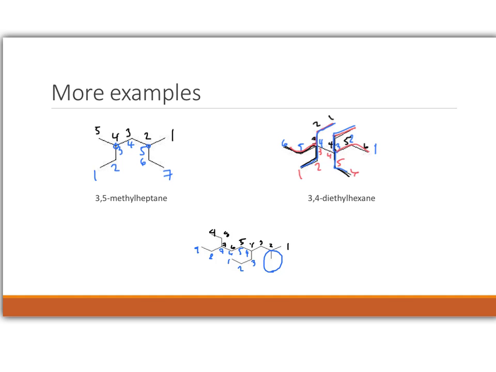So I'm going to have the 2-methyl, and then I have a 1, 2, 3 branch coming off at carbon 4. So it's going to be 4-propyl. And then on carbon 7, I have a 2 branch coming off. So that's going to be 7-ethyl nonane.